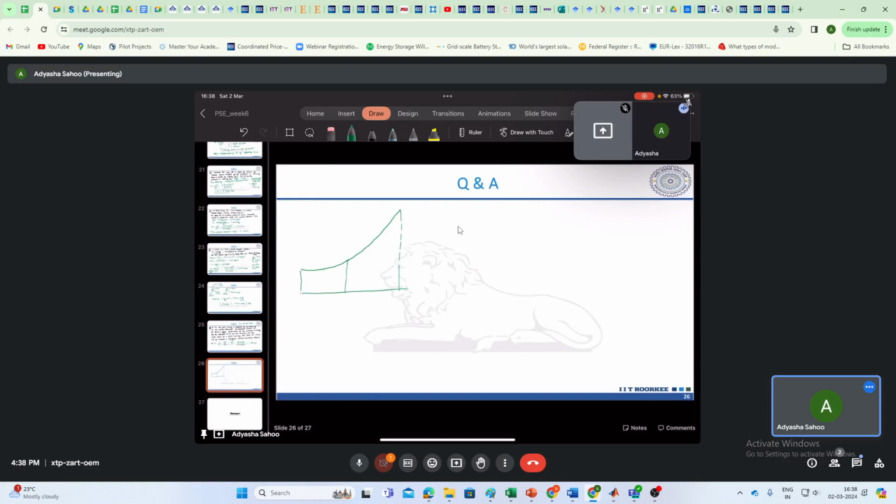So this is your D2, this is your D1, this is 80, D1 is 40, and we need at midpoint, right?